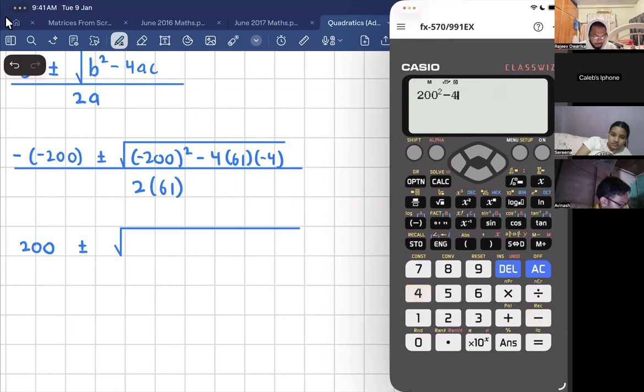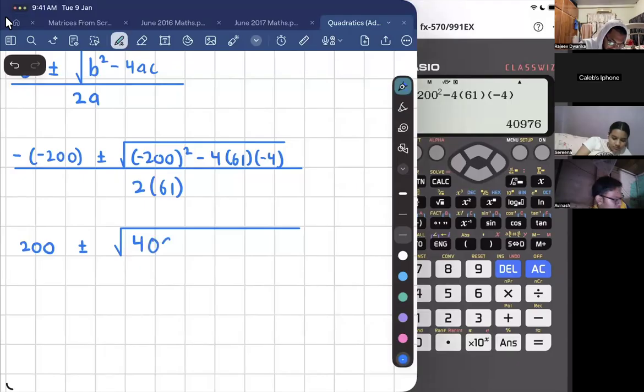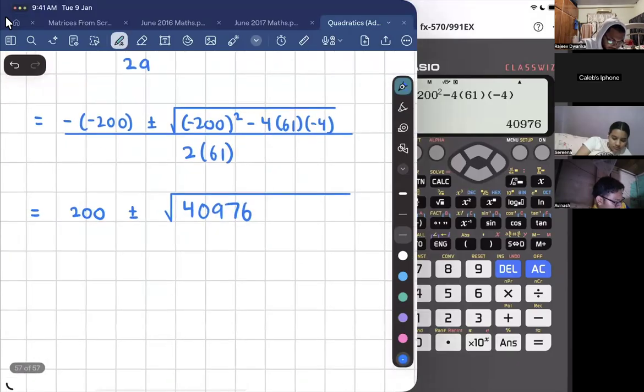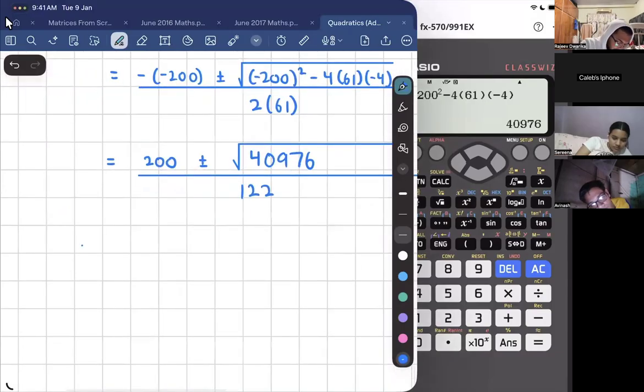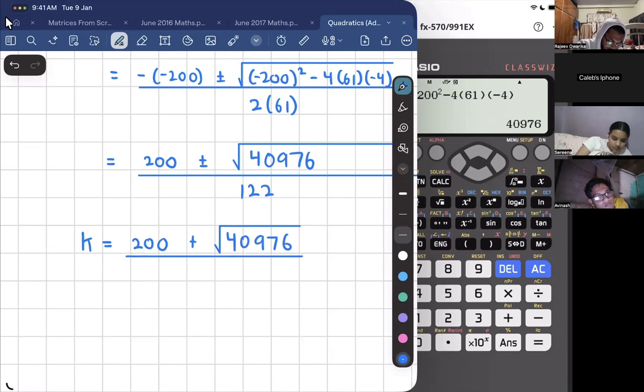Then minus 4 by 61, then minus 4. That's going to give me 40976, all over 2 by 61, which is 122. So my two answers for K are going to be 200 plus the square root of 40976 all over 122.